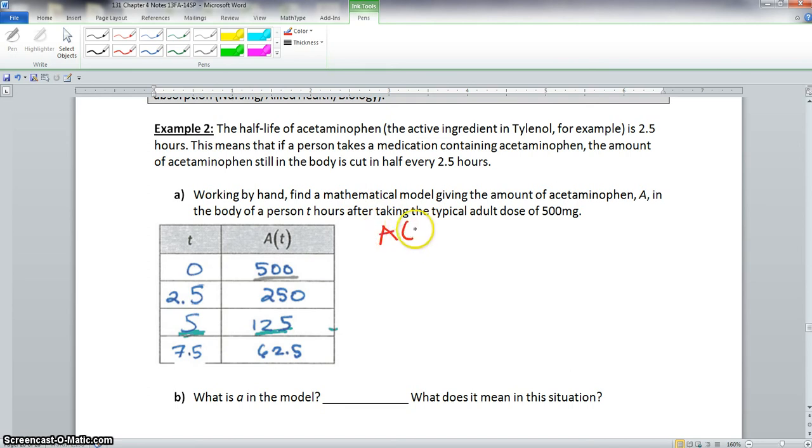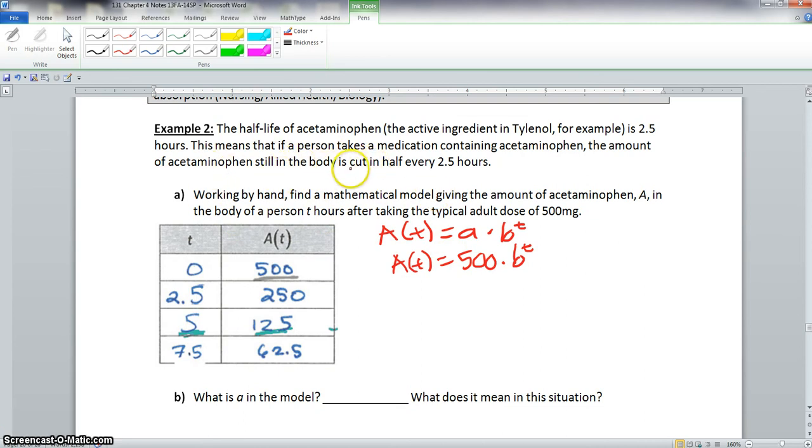Now, we know A of T is equal to A times B to the T. We have our A, which is our starting point, which is 500, times B to the T. Now, in solving for B, we have to take into account what we have in the problem.